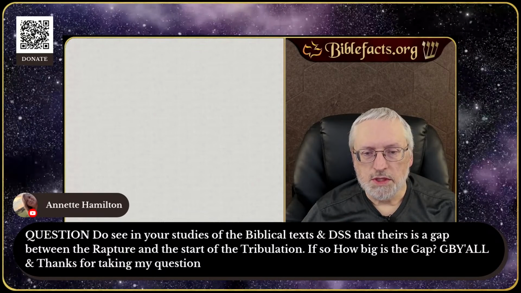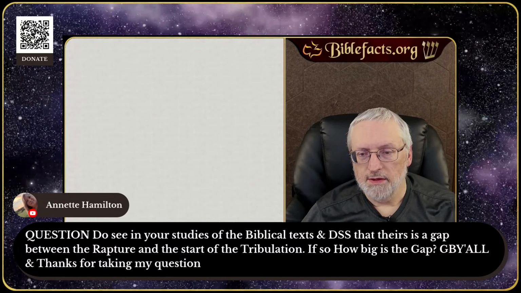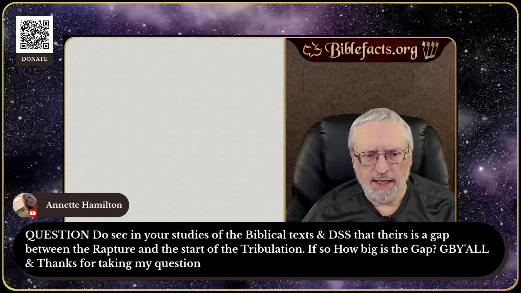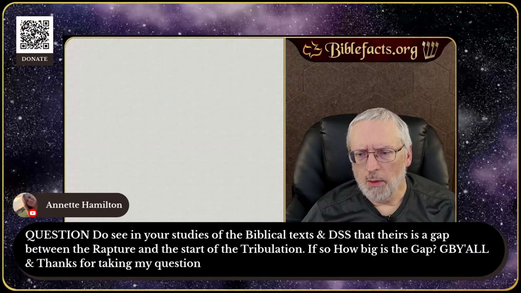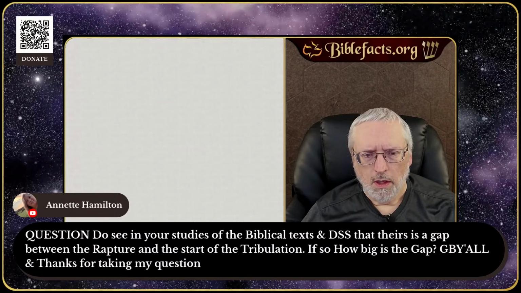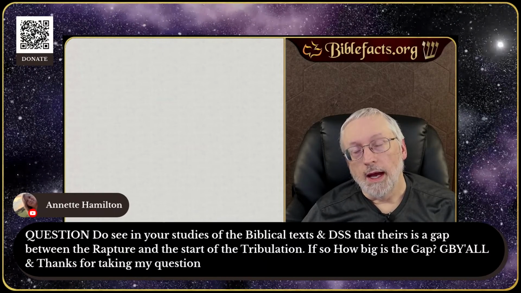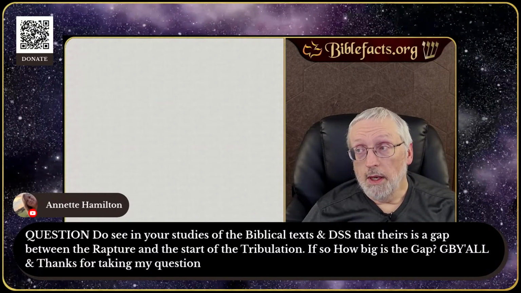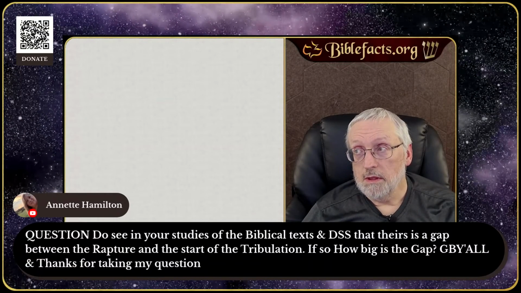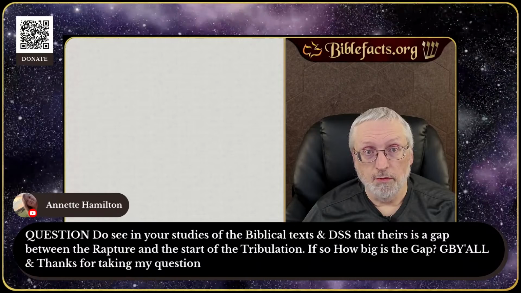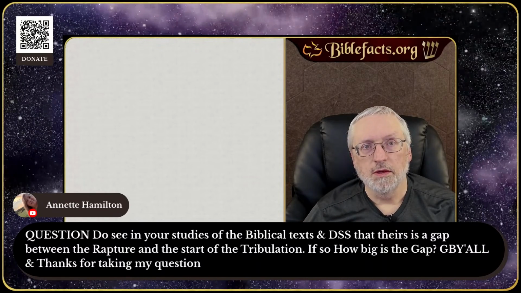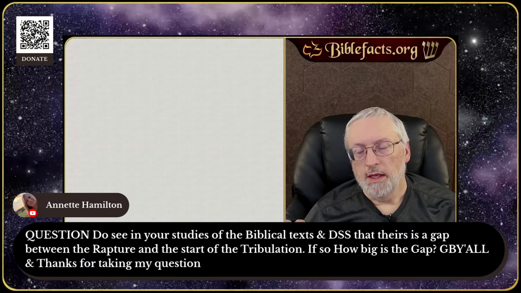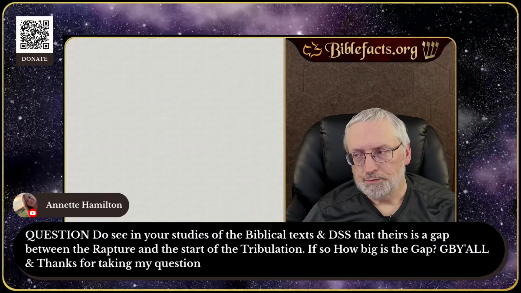Do you see in your studies of the biblical text and the Dead Sea Scrolls that there is a gap between the rapture and the start of the tribulation? And if so, how big is the gap? Okay. I don't know for sure, but what I'm thinking is, and you can go back and look at the text on the rapture part, one of the major texts that I consider a rapture passage is Daniel chapter 12.